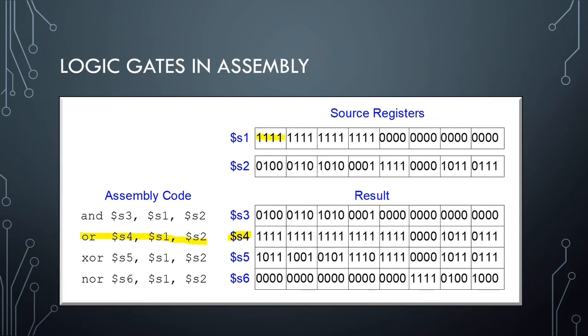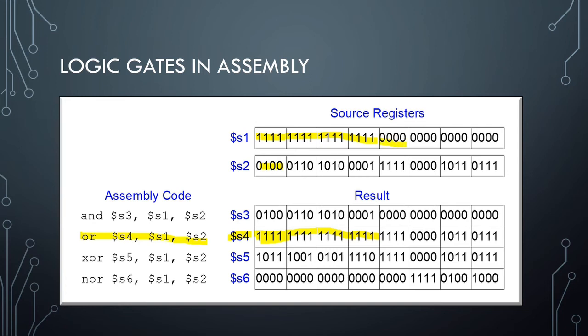We can see the first 4 nibbles in that top row are all populated with 1s. For the result to be a 1, at least one register has to have a 1. We can look at each set individually, but really all we need to do for those first 4 nibbles is look at that first register and see that those are all 1s.